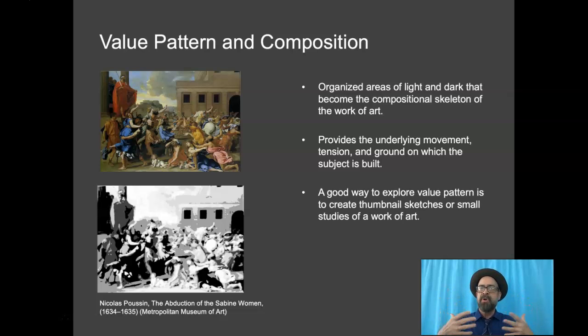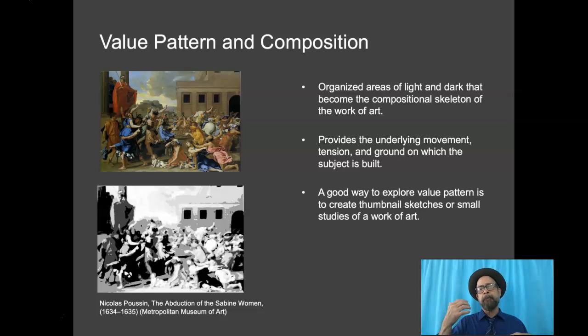And it's so important that you make good decisions early on when you're planning your work about where those highlights are going to fall, where the shadow is going to be in the work. That pattern that is produced will have a huge effect on your viewer and how pleasing that composition is. It's not just about putting shapes here and there, but it's also shapes in conjunction with their values that will make a composition successful.